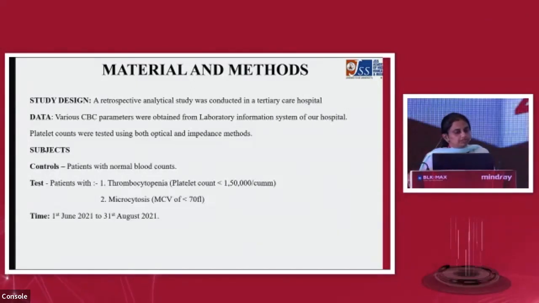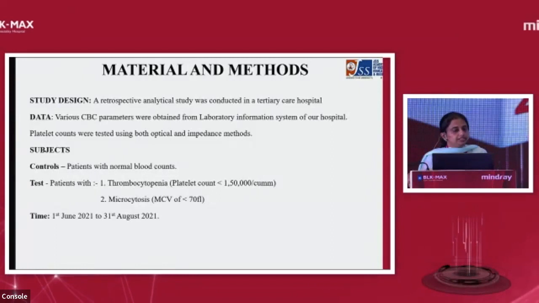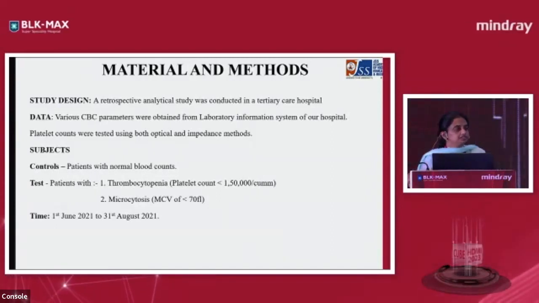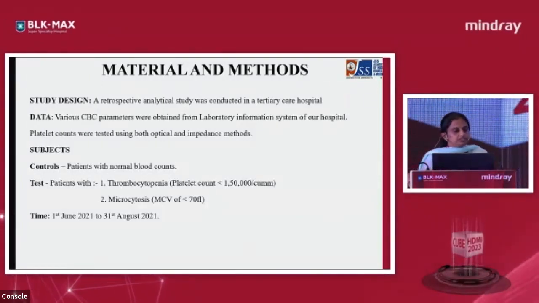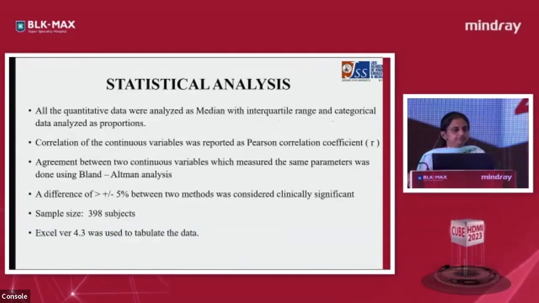Patients with thrombocytopenia, that is, a count less than 1,50,000, were considered, and MCV less than 70 femtoliters was considered as the cutoff. The study was conducted over a 3-year period, and patients with normal blood counts were taken as controls.